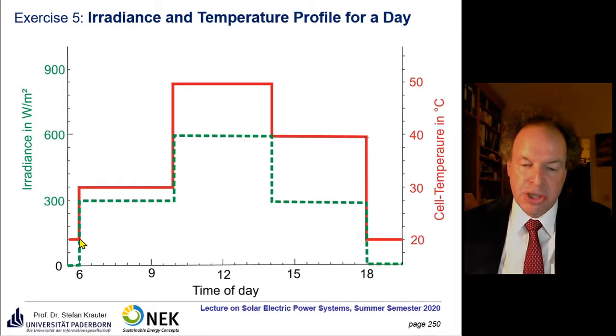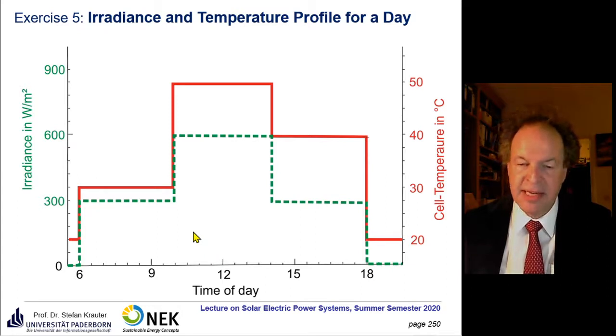For the temperature here, we have in red, we have 30 degrees in the time frame between 6 a.m. and 10 a.m. and then it goes up to 50 degrees Celsius from 2 hours before and 2 hours after midday, and then from 2 p.m. to 6 p.m. we have 40 degrees Celsius, and then after sunset 20 degrees Celsius.